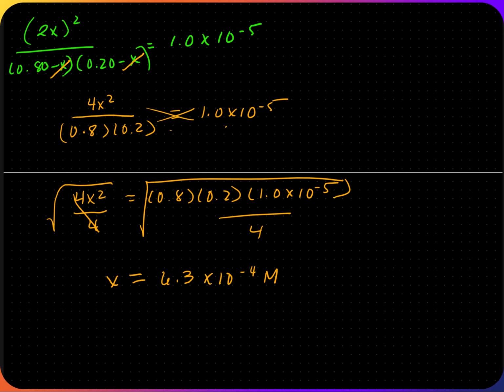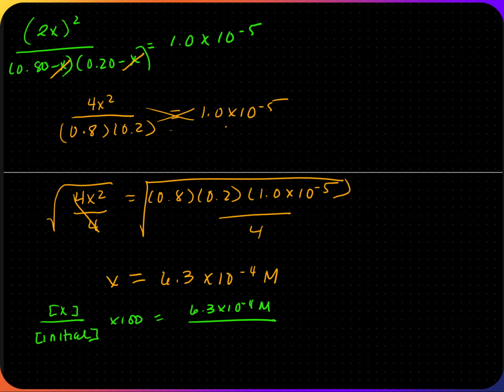Now we're going to check to see if the 5% rule is valid. So that's going to be the concentration of x divided by initial concentration times 100. This is going to be 6.3 times 10 to the negative fourth molar over, and here we have two initial concentrations, and they are not the same. One is 0.8 and one is 0.2.